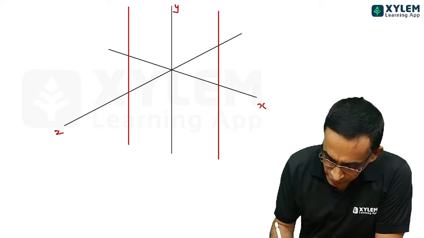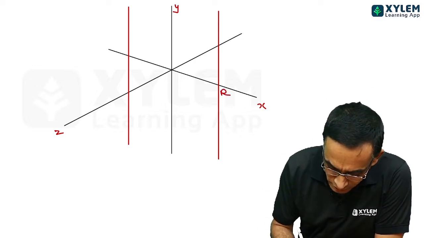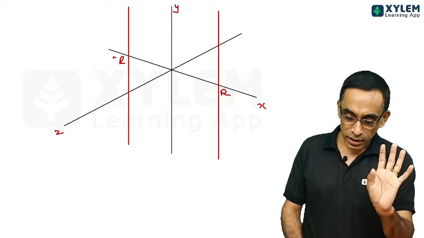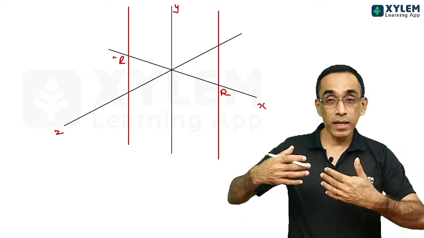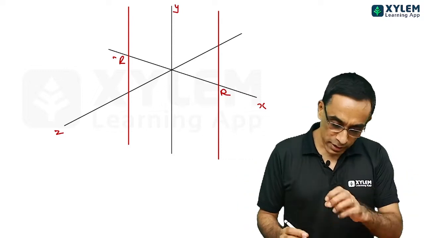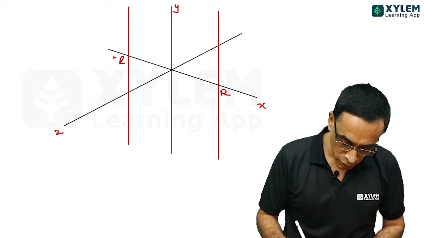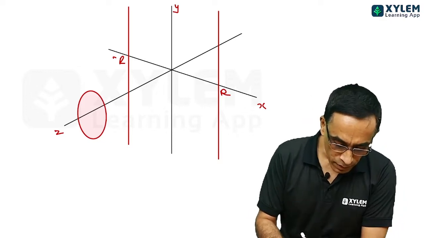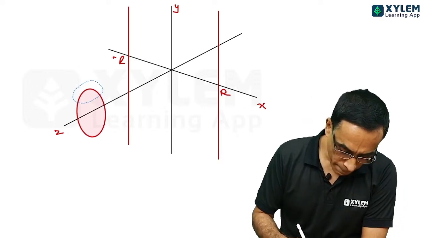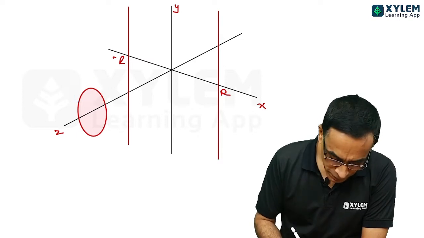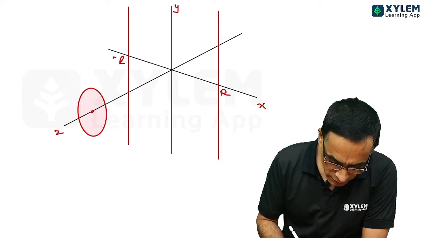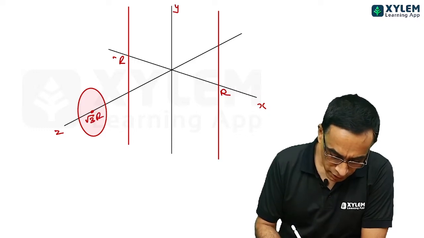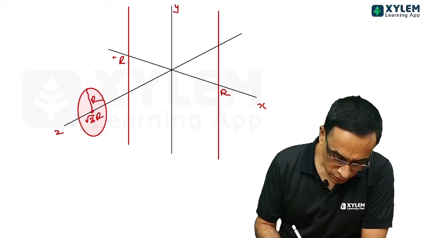It is given that this distance is r and this distance is also r. Minus r means the distance from the origin is equal for both. Now there is a circular loop with its plane parallel to xy and its center on the z-axis. Where should I draw that? I can draw it here. Yeah, that is it. This point is at a distance of root 3 r from the origin, where r is the radius of the circular loop.